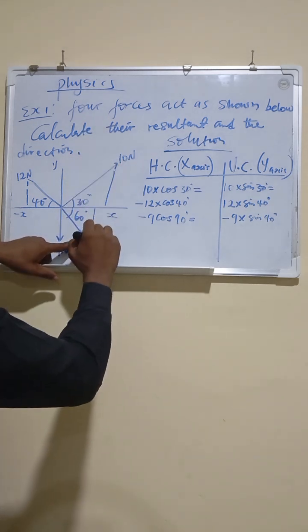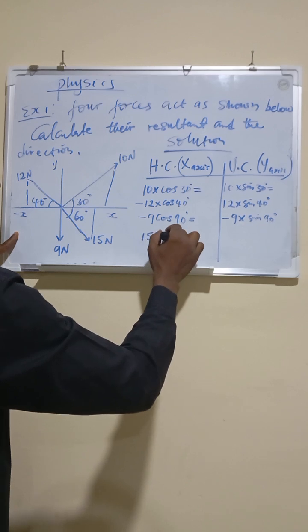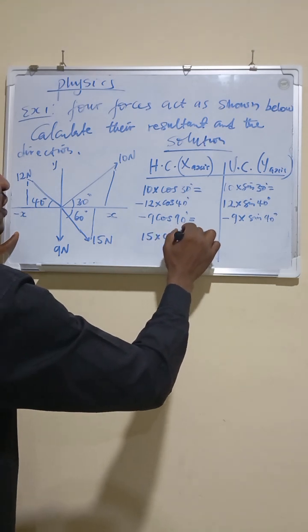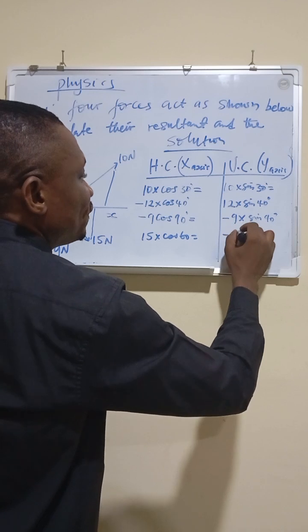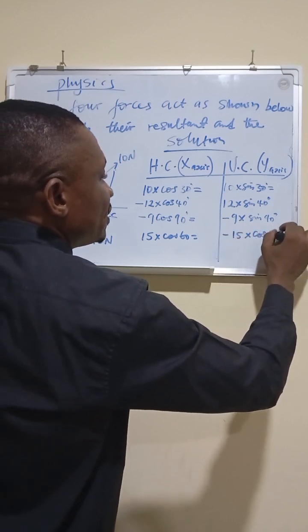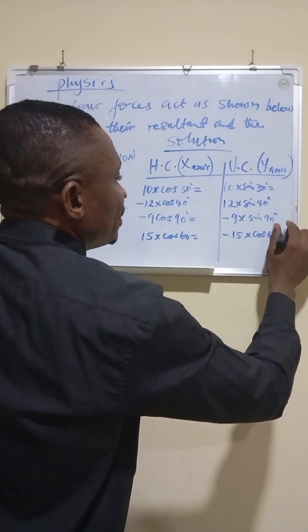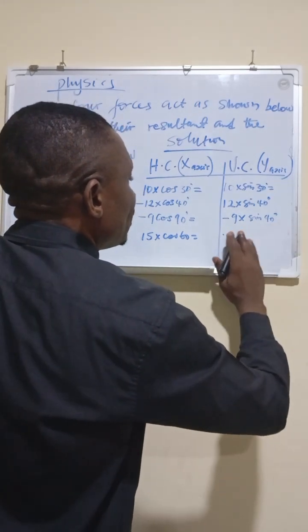X is positive here, y is negative. We say 15 times cos 60 degrees. Then here minus 15 times sine 60 degrees. So you will now get the values.